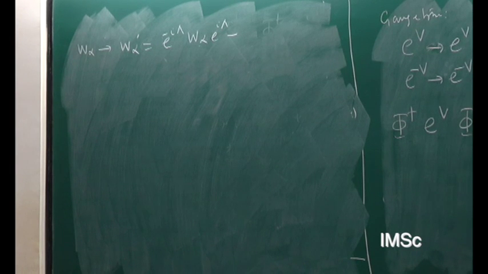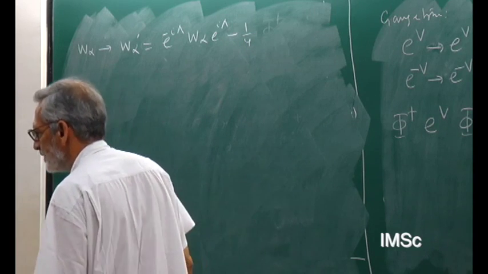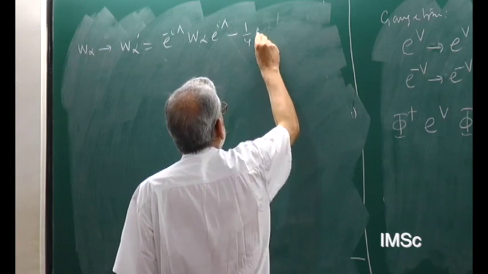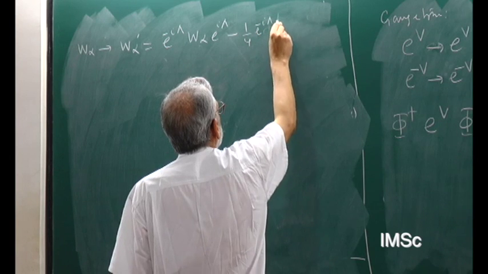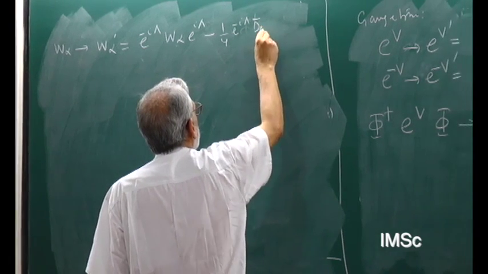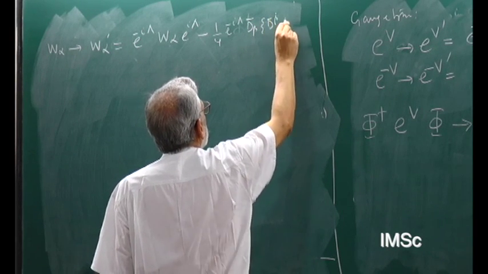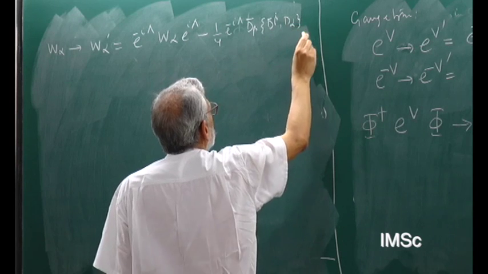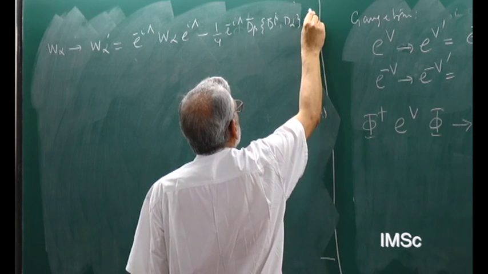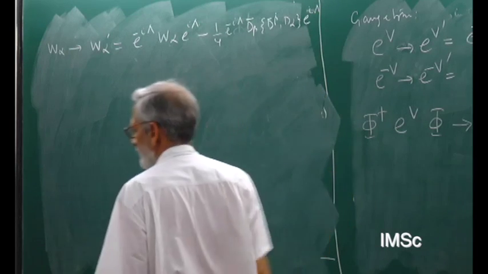Now let's rewrite this object in the following way. 1/4 e^{-i lambda} d bar beta dot anti-commutator d bar beta dot d alpha e^{i lambda}. Is that what it is?